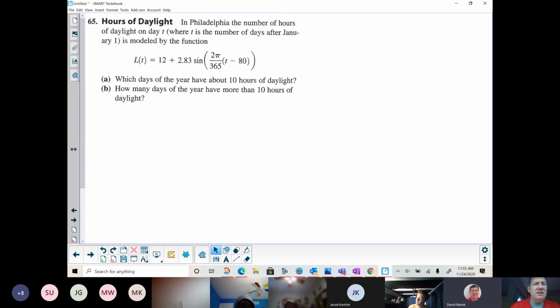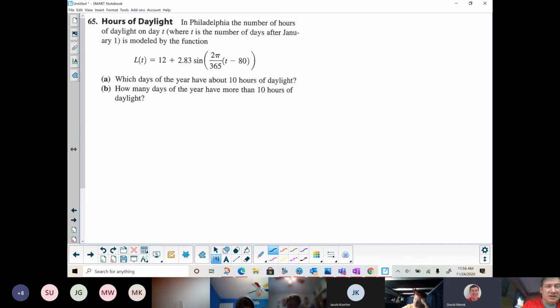Here's the tricky part. T is defined as the number of days after January 1st. So which day of the year it is. We can't put in September 23rd in place of T. For part A, which days of the year have about 10 hours of daylight?